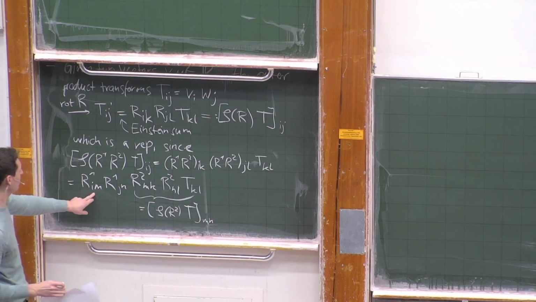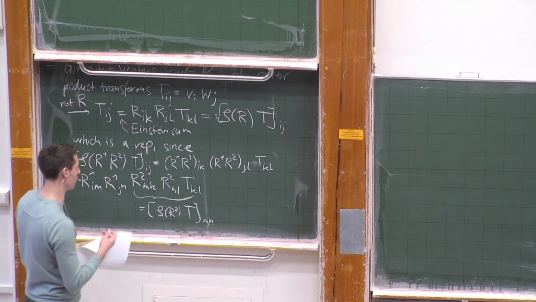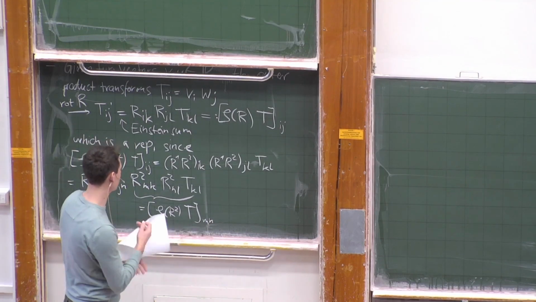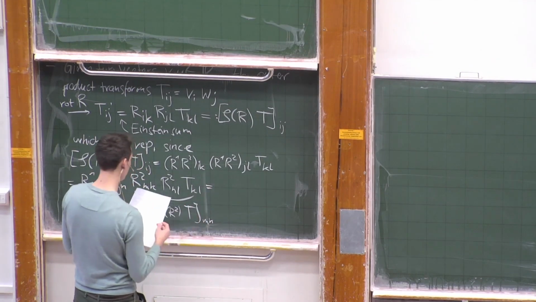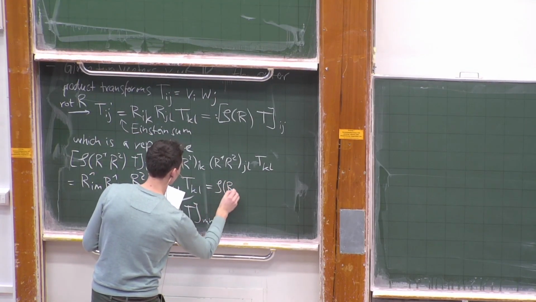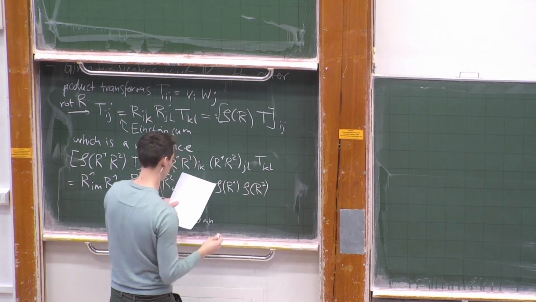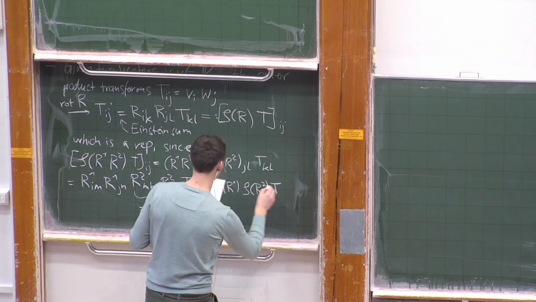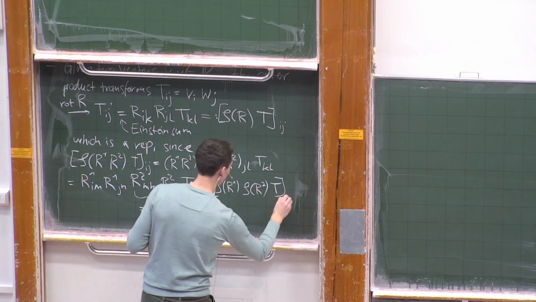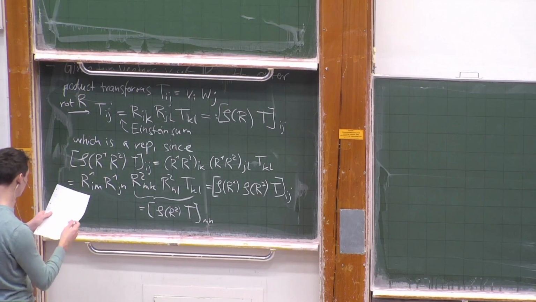And then this here in components is the application of the first rotation matrices onto this object here. And therefore, this is exactly the condition that we need to fulfill in order for this to be a representation.